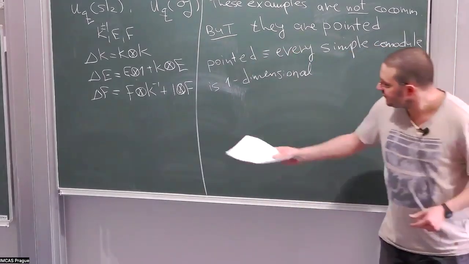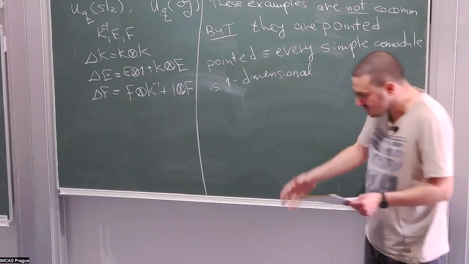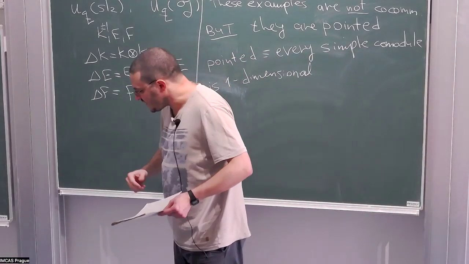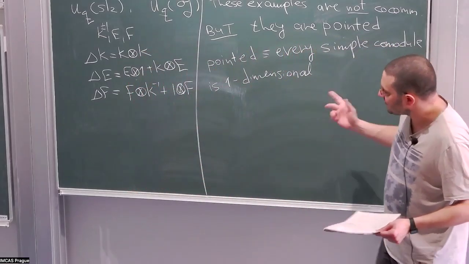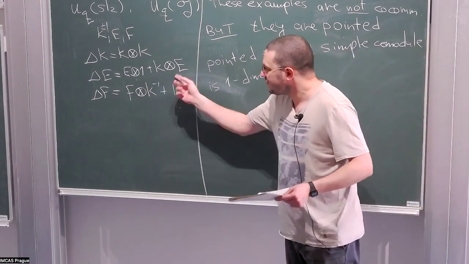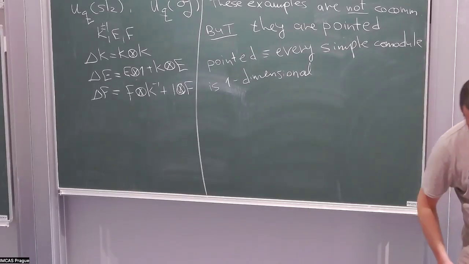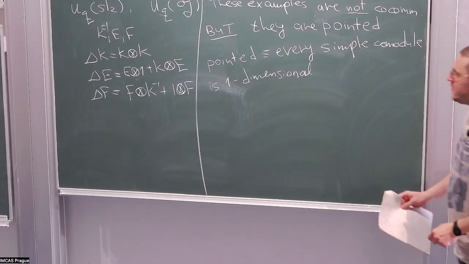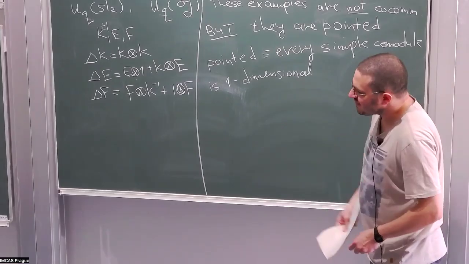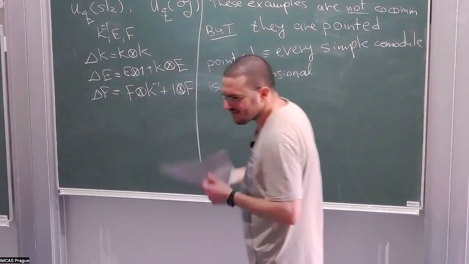And here we are doing a certain relaxation, so we don't require it to be co-commutative anymore, but we still require that every simple comodule is one-dimensional. It doesn't mean that we get co-commutativity, because we will get comodules of dimension 2 that are indecomposable but not irreducible. And also, as we said, in all these examples, they are generated not by group-likes and primitives, but by group-likes and skew primitives.